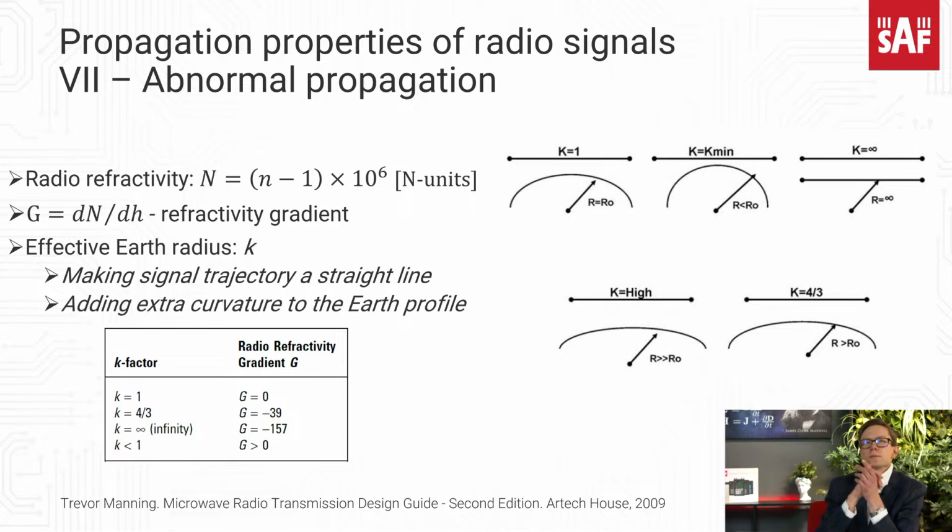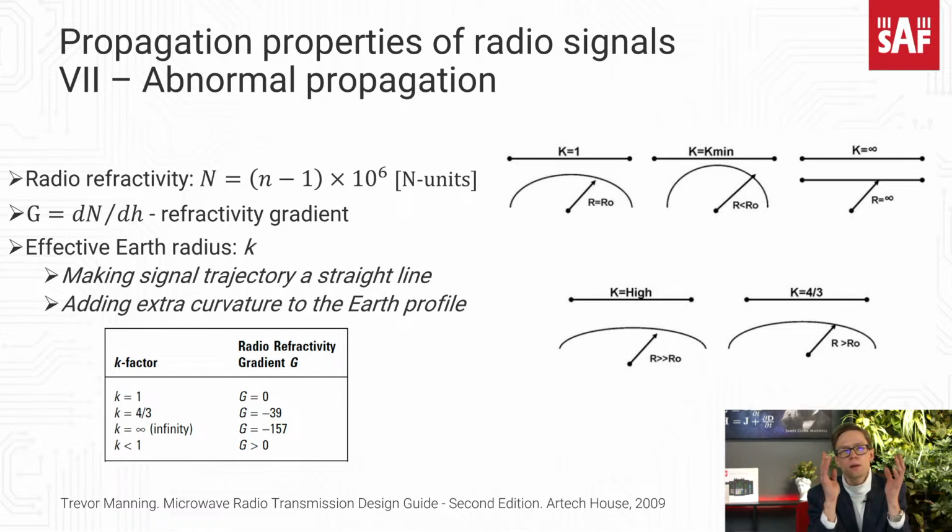So basically, when the effective Earth radius is the same as the actual Earth radius, this is the first picture, first example. The K is 1. So we have a straight line, but the Earth radius doesn't change at all.